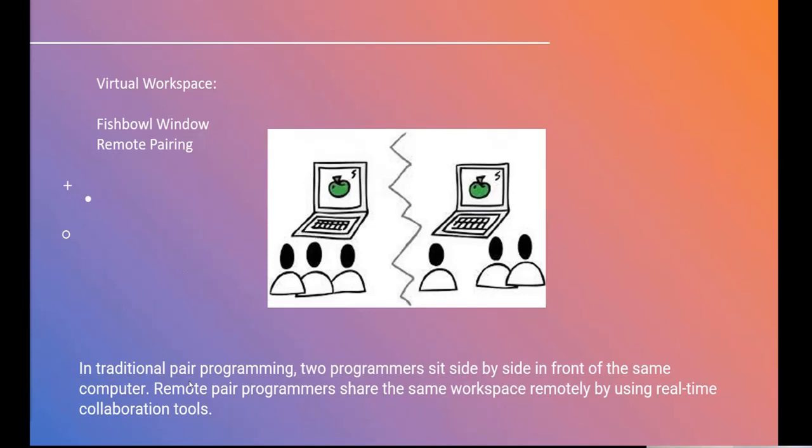They are saying that in traditional pair programming, two programmers sit side by side in front of the same computer. Remote pair programmers share the same workplace remotely by using real-time collaboration tools. So one is fishbowl, another is remote pairing, the virtual communication tools techniques.